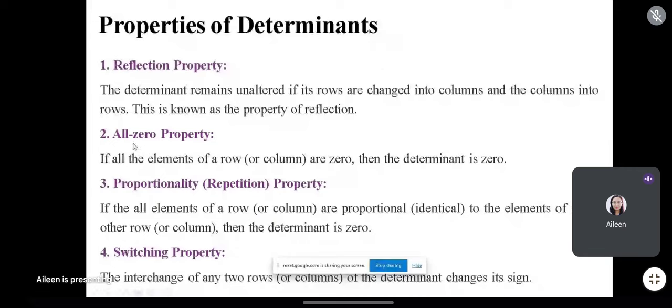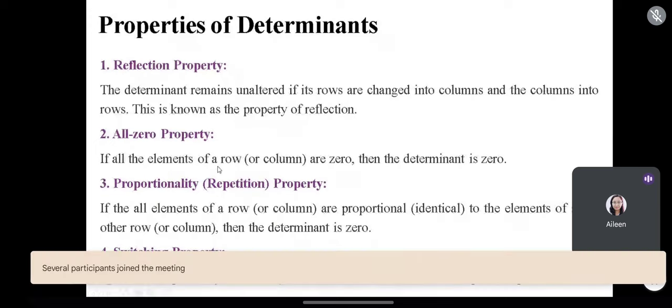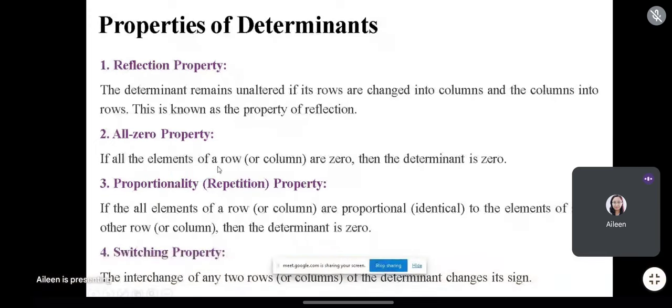Next, for the all zero property, if any of the elements of a row or column of our matrix are 0, ibig sabihin lahat ng row niya ay 0 or all of the columns are 0, the determinant will be 0.